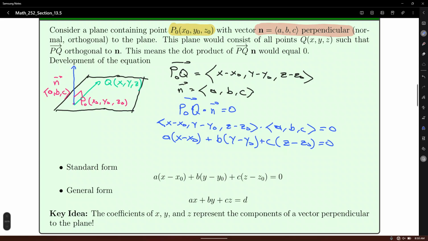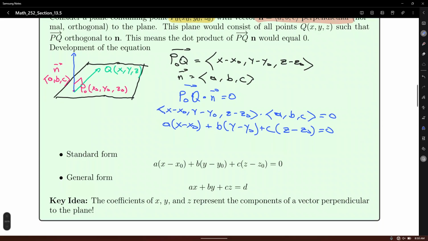All right? Okay. And of course, if you distribute this A times x naught, you will obtain other constants here. You will obtain the AX, BY, CZ, that is the left-hand side of the general form. However, constant times a constant, constant times a constant, it will be a bunch of constants that will add up to, guess what? Another constant that you can move to the right hand side of the equation.